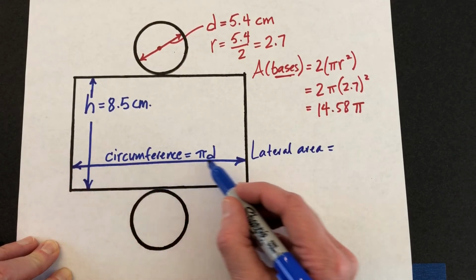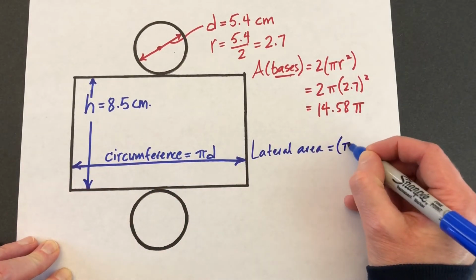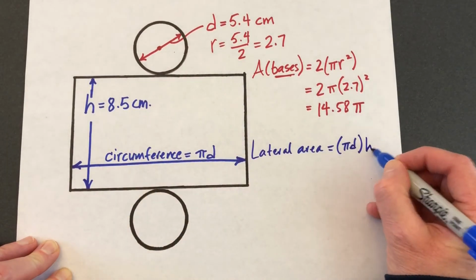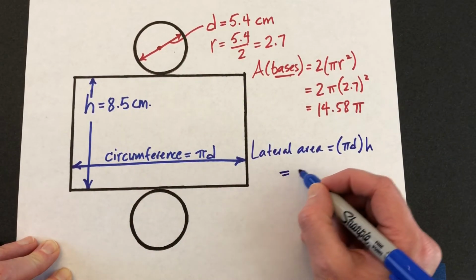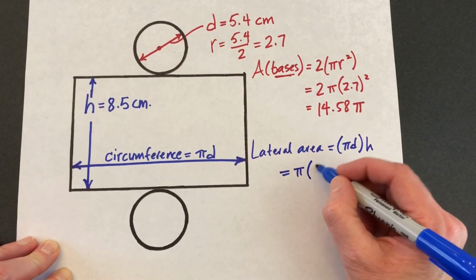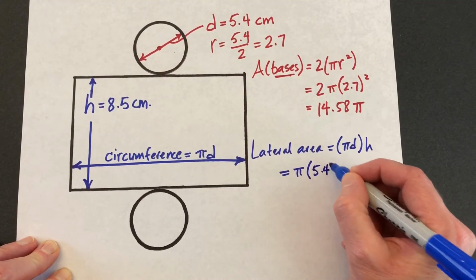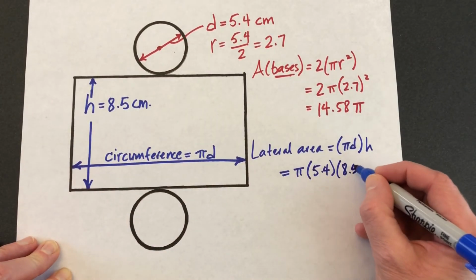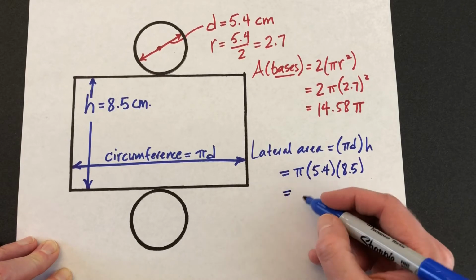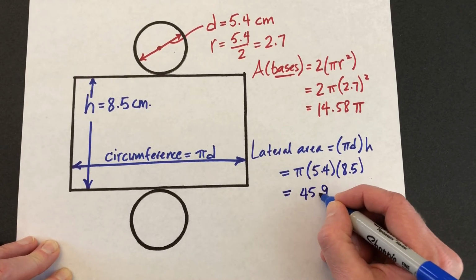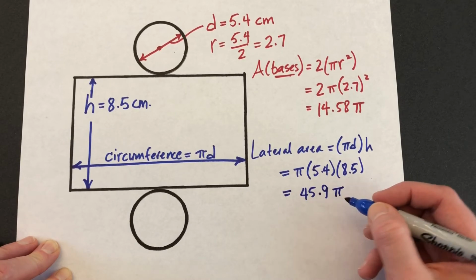The base is pi times the diameter, and the height is just the height. So let's fill in what we know. We've got pi times the diameter of 5.4 times the height was 8.5, and that gives me a lateral area of 45.9 times pi.